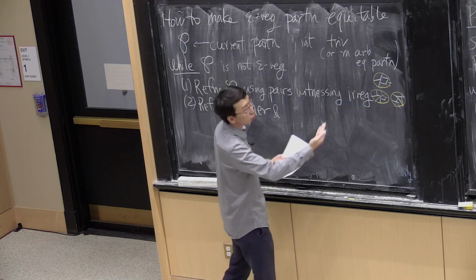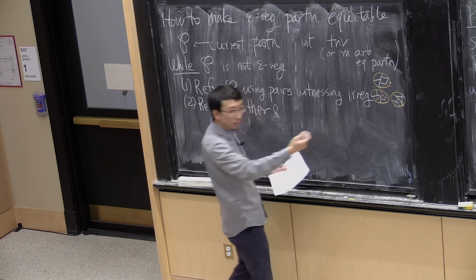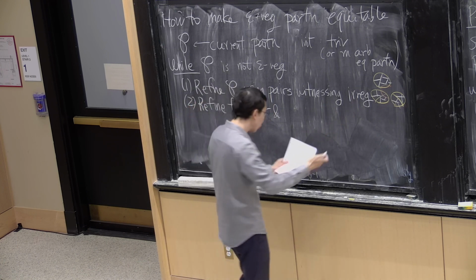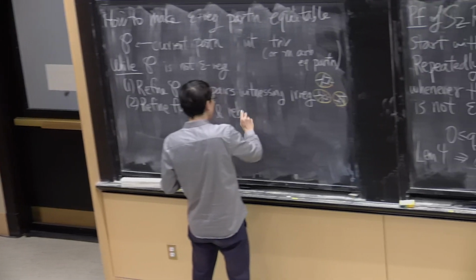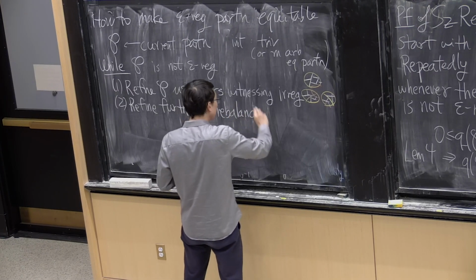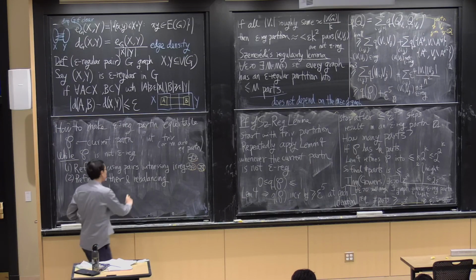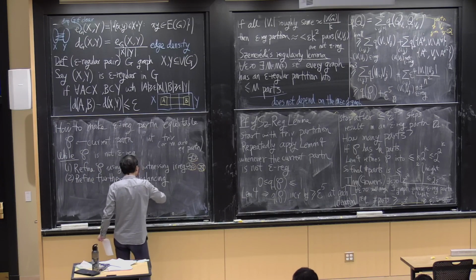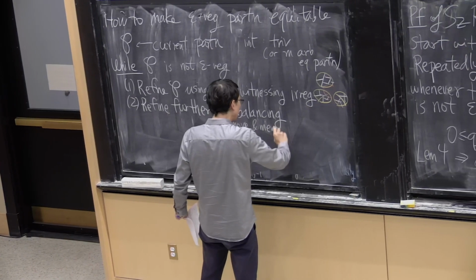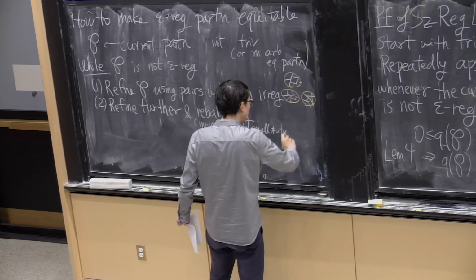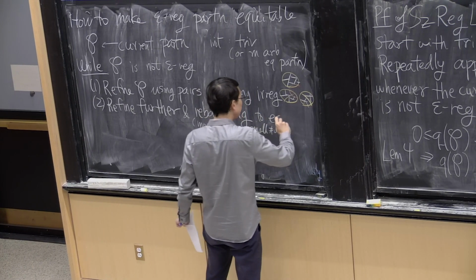Sometimes you can just do that by refining, but maybe if you have some really small parts, then you might need to move some vertices around. So I'll call that rebalancing. Okay, so move and merge some vertices, but only a very small number of vertices to make equitable.